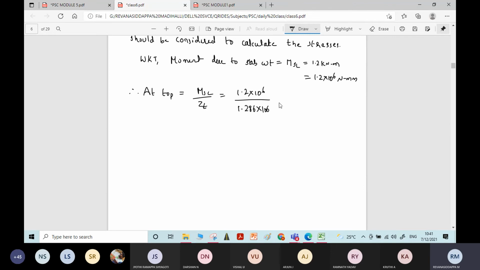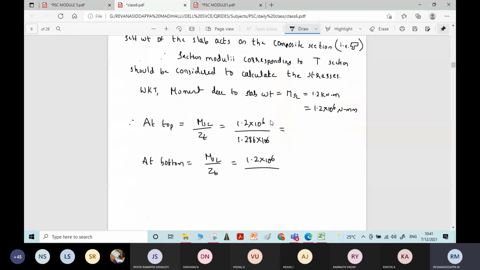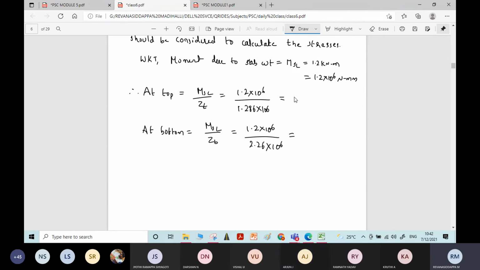At bottom, stresses due to self weight of the slab, MSL divided by ZB, is equal to 1.2 into 10 power 6 divided by 2.26 into 10 power 6, which is equal to, tell me the answer, 0.53. Yes, 0.53 Newton per mm square.